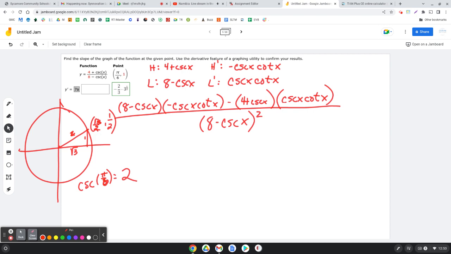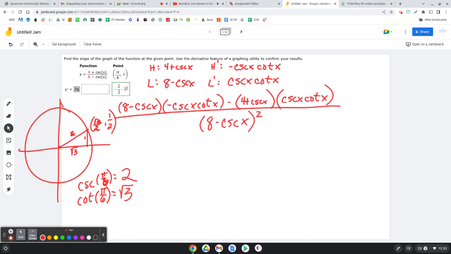We're also going to need to know the cotangent of pi over 6. Well, cotangent is the inverse of tangent. Tangent's y over x, so cotangent's x over y. So that's going to be radical 3 over 1. This is why we took pre-calculus first. There's a lot in this problem that I can't explain in real time.